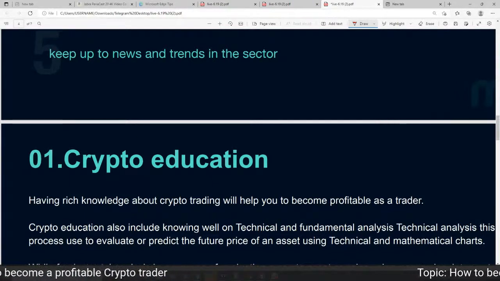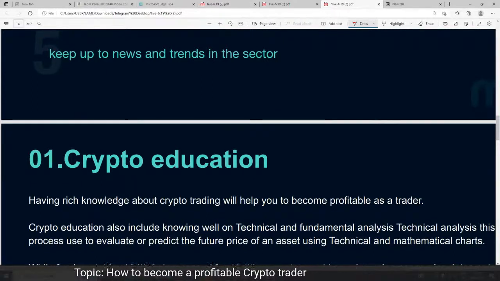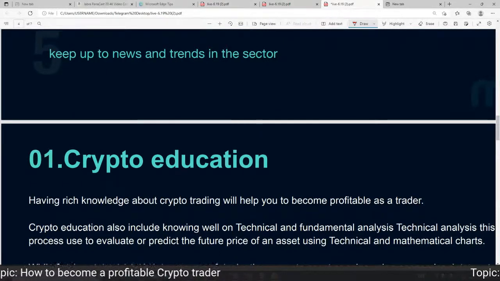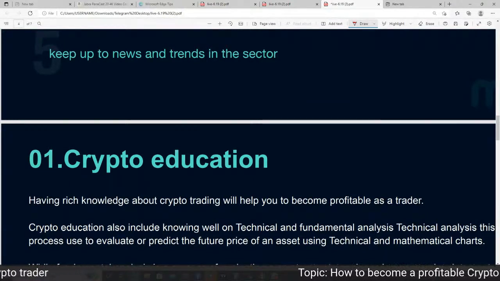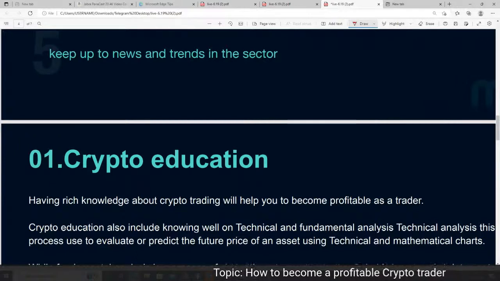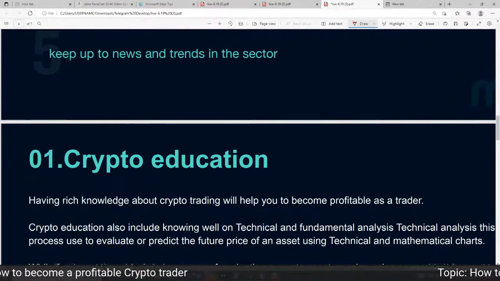That news trends can increase the price of an asset. Elon Musk is one person that has great influence in the crypto sector. This person can increase the price of a coin with just a tweet.